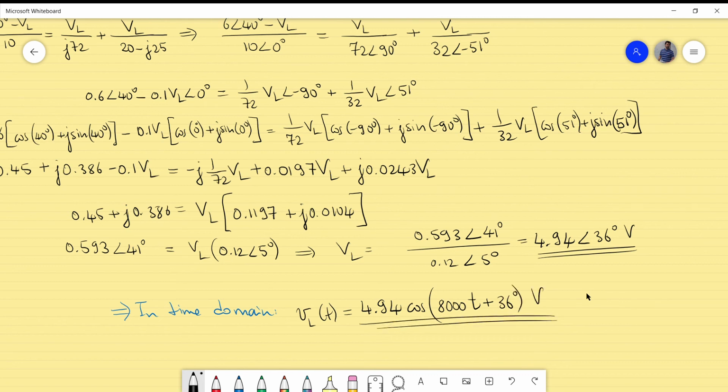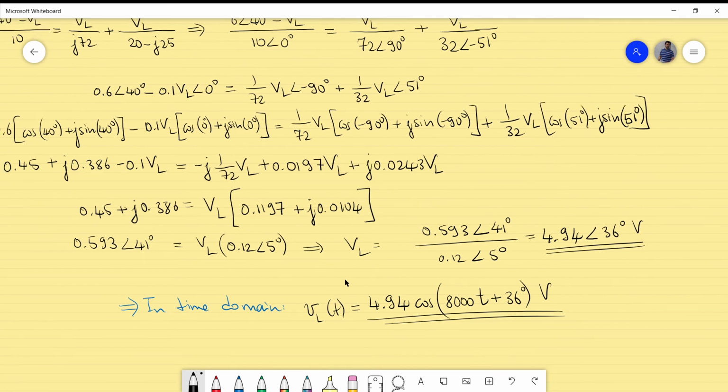So you recognize this one will be placed as the amplitude for the cosine term, and this phase will be placed in the parentheses as 36 degrees. And you will use again the same frequency omega, which is 8000 radians per second. Okay, now that's for question A.